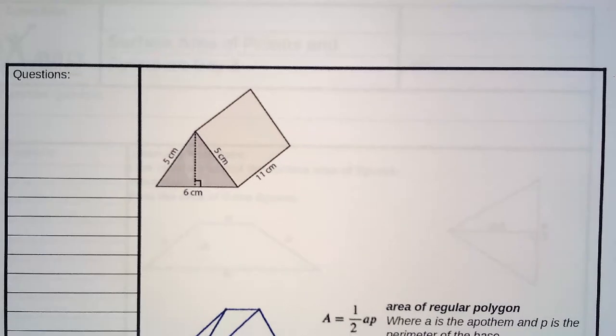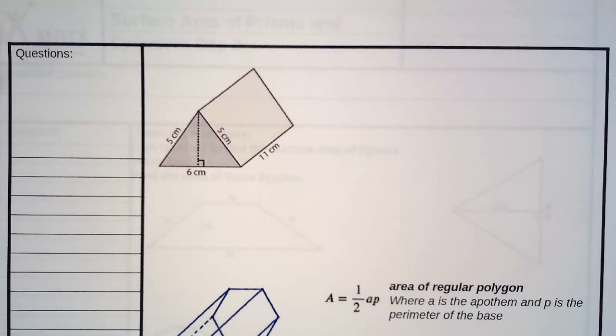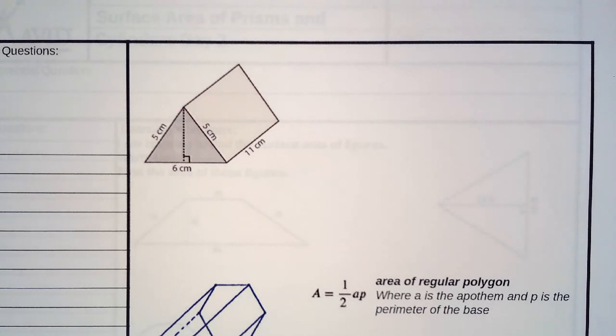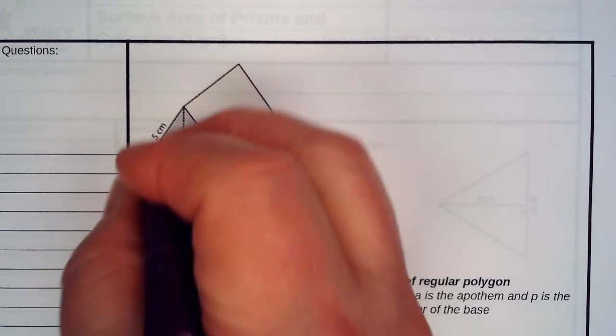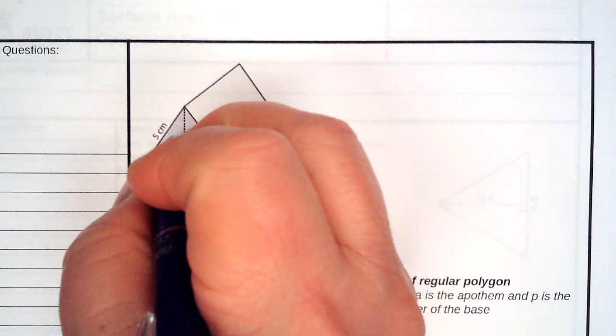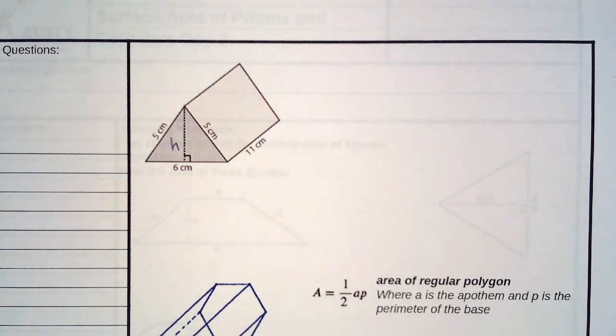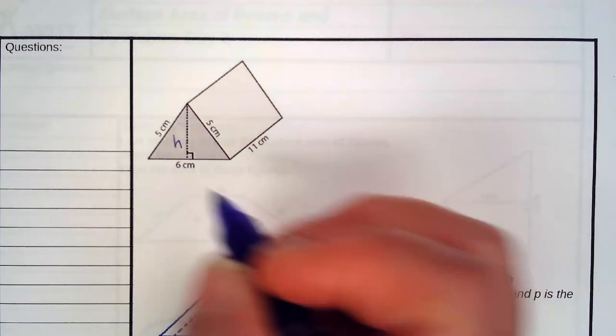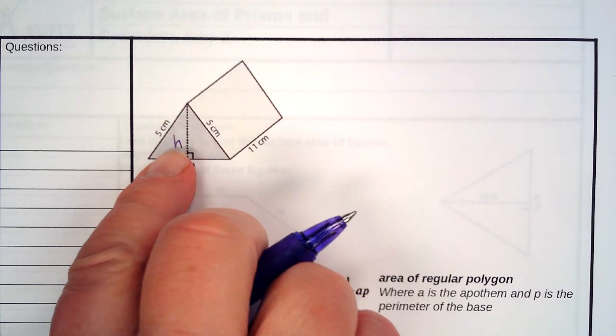Okay, now, those were all the basic types, but what happens if you're missing a piece? So I've got a triangular prism, but I don't have the height of my triangle. I need to know that height. This is the height of the whole thing, but what's my height here?